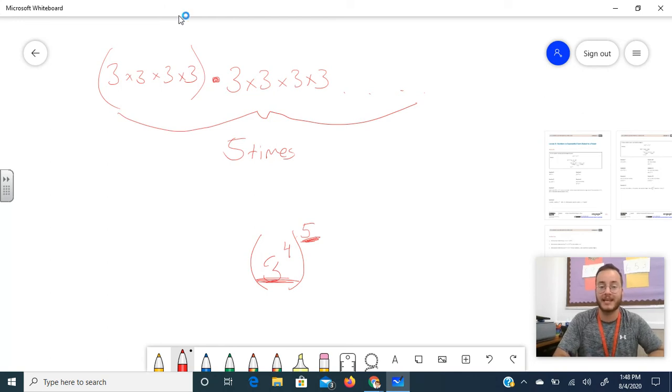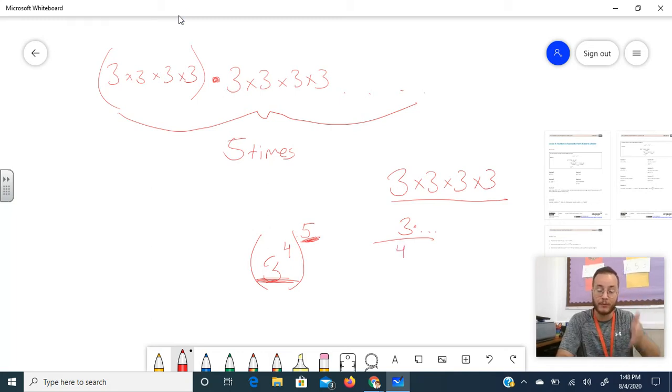What this means, and how I can simplify this, is I have 3 times 3 times 3 times 3. So this is 3 times 3, a total of 4 times. So that means I have 3 being multiplied 4 times. And then that 3 to the 4th power is being multiplied another 5 times.